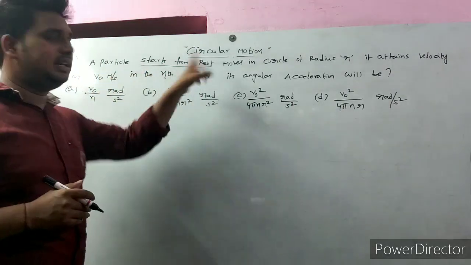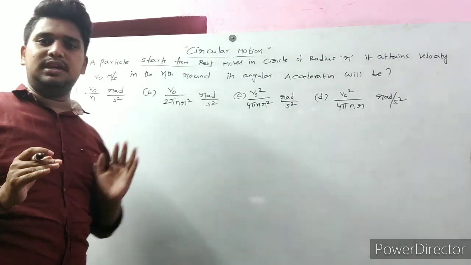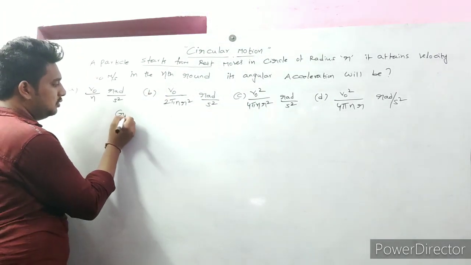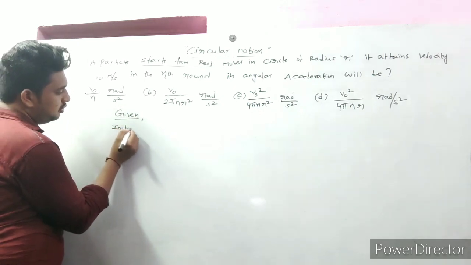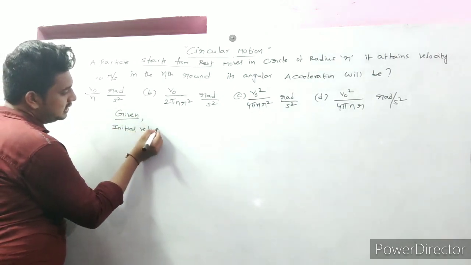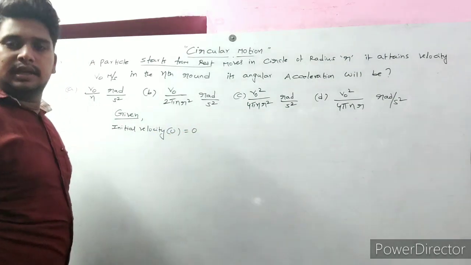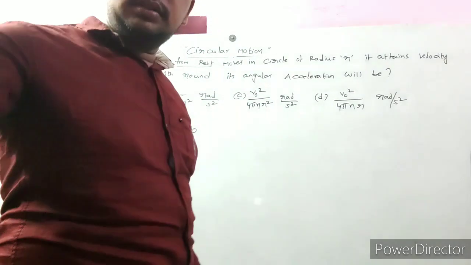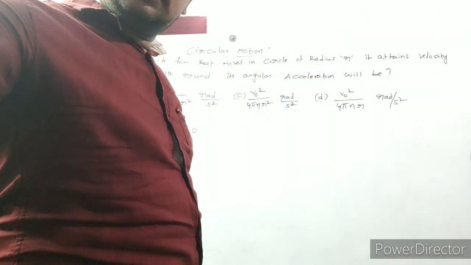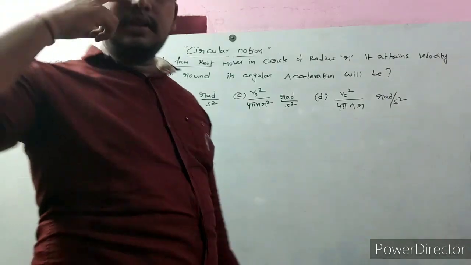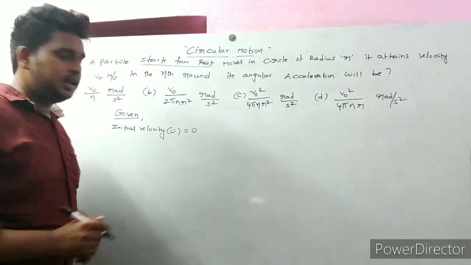So from this sentence we conclude that the particle starts from rest means the initial velocity u is equal to 0.